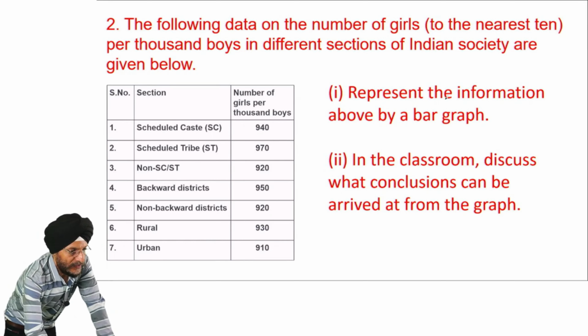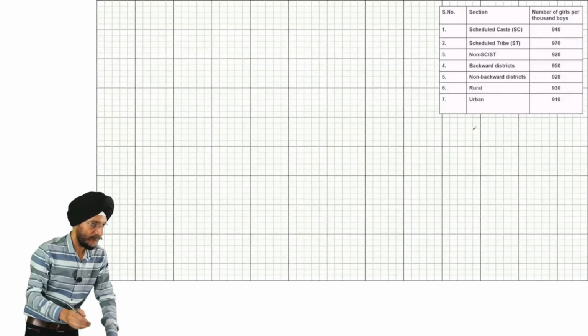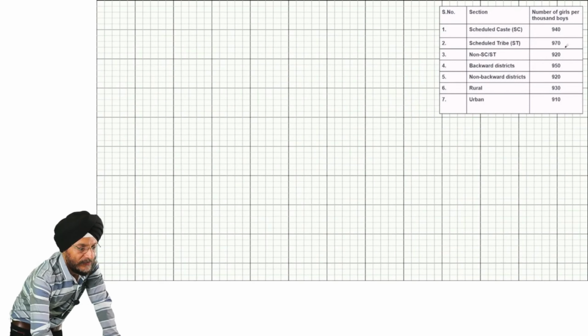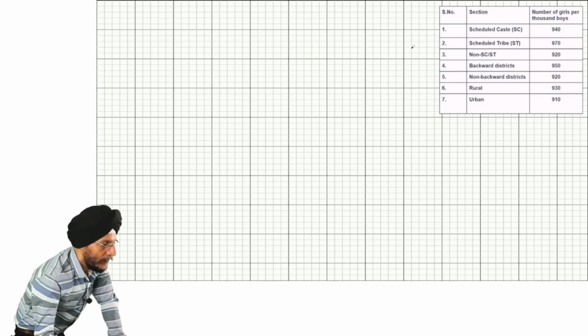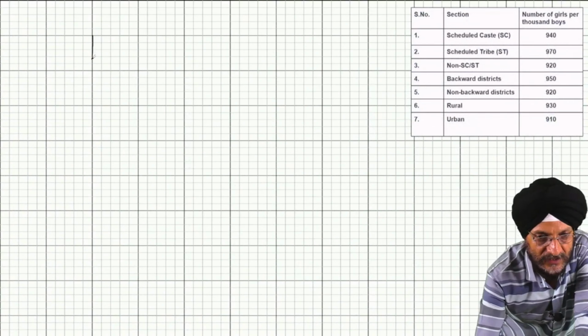We are to represent this information in the form of a bar graph. So now let us start. Here we have the information which was given in the table, and now we are to prepare the bar graph. So here we draw the line straight, which is known as the y-axis.